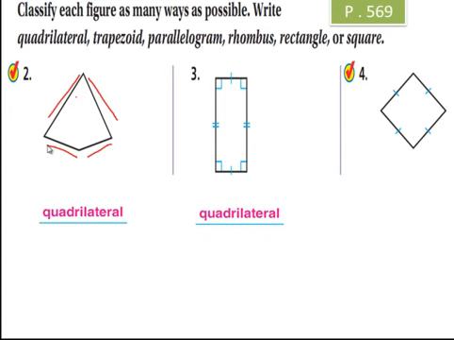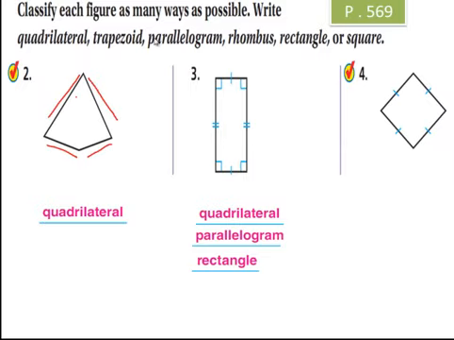Quadrilateral, of course, all of them are quadrilaterals. Then parallelogram, because every two opposite sides are parallel. There are two pairs of parallel sides. And rectangle, great job. Let's see question 4.